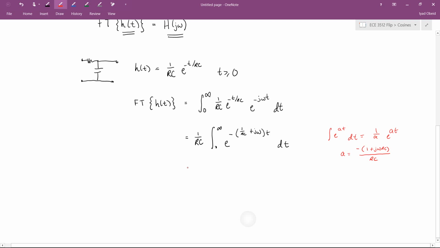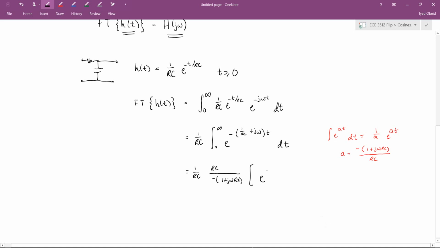So putting it all together, I have 1 over RC times 1 over a. So the 1 over a will be RC over minus (1 plus j omega RC) times e to the at.